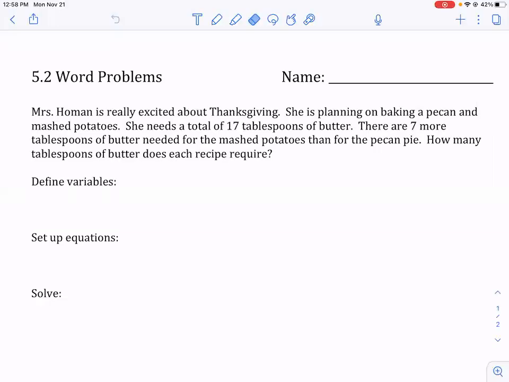There are two things that we don't know. What are they? Raise your hands. Okay, we don't know how much butter goes into each recipe.